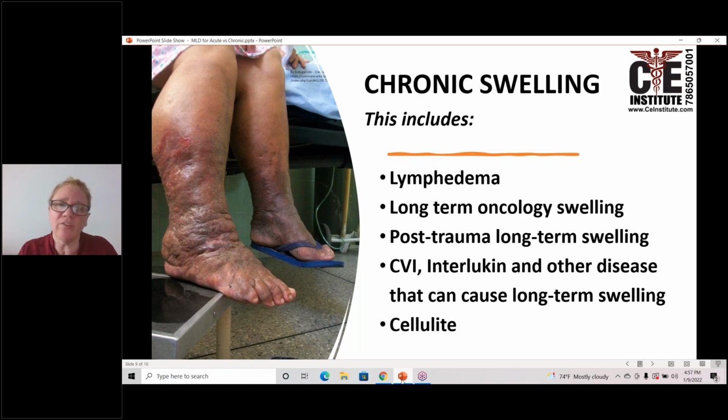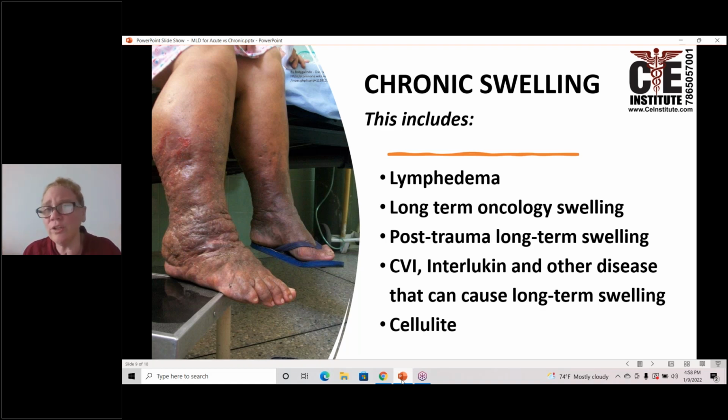It's obvious that some of my lymphatic and venous vessels or vein tissue has been damaged, and that's why the area is swollen and has excess interstitial fluid. CVI, chronic venous insufficiency, and there are many different types and other diseases that cause chronic swelling. These are all scenarios where it might be okay to practice your scooping and your pumping techniques in lymphatic drainage.